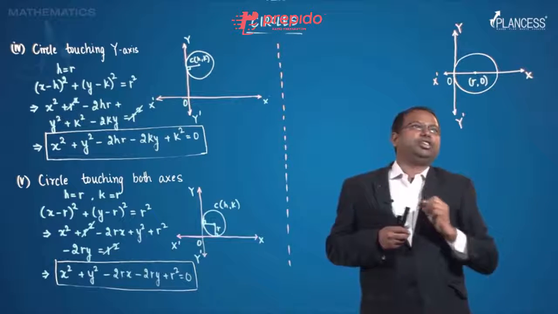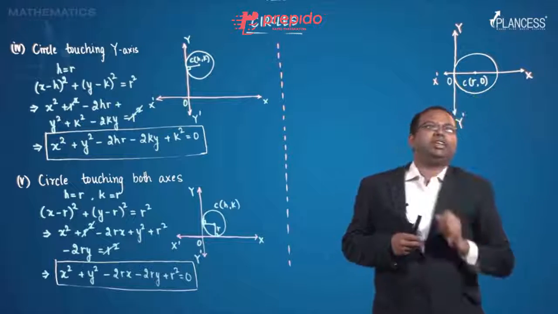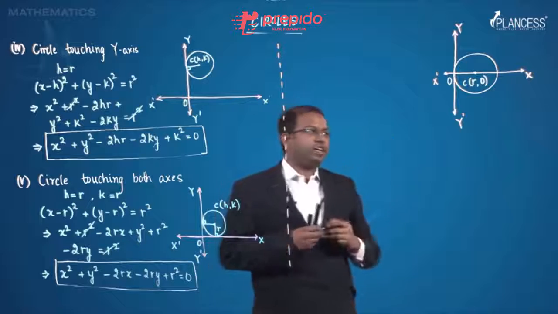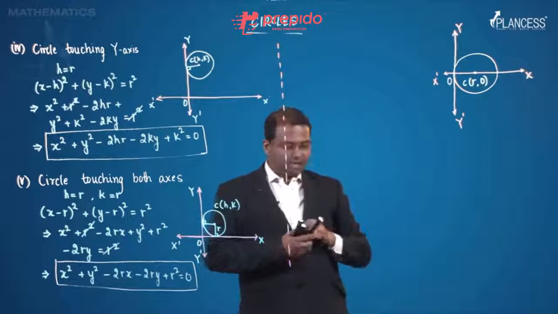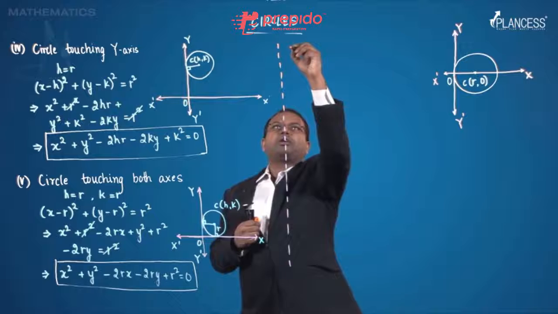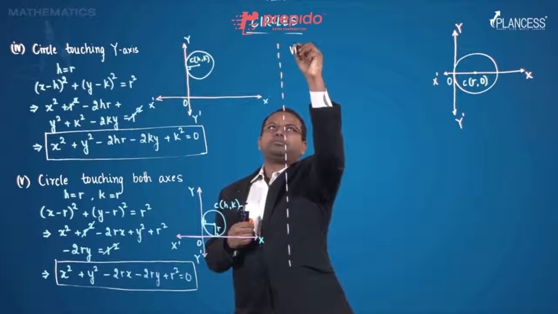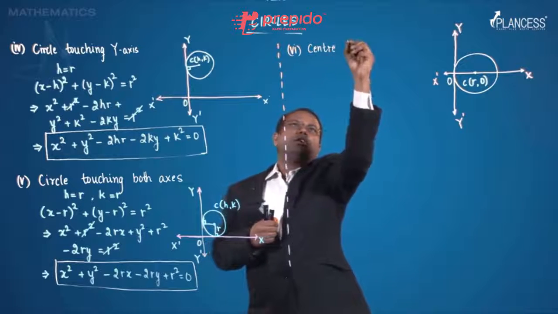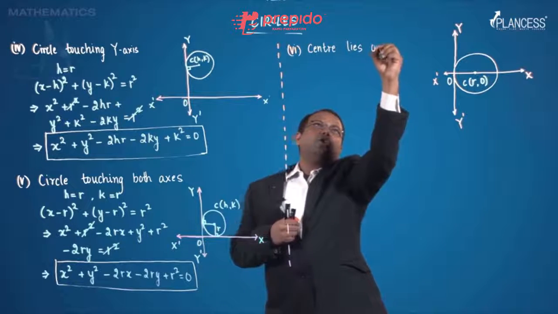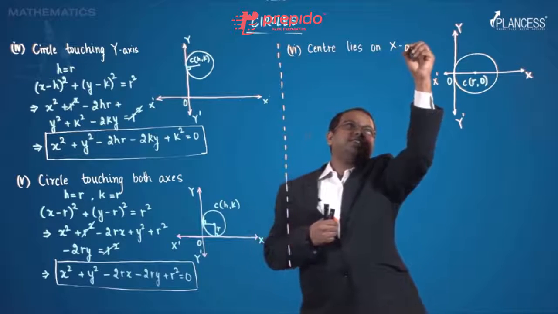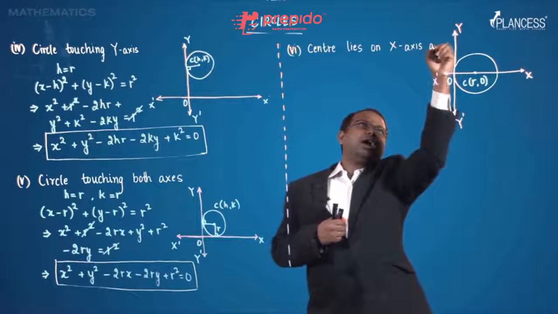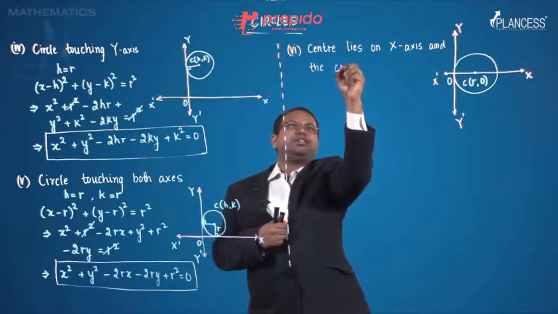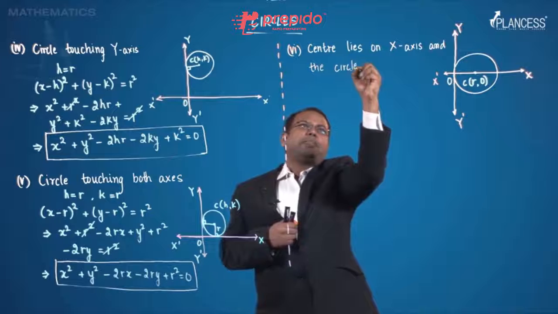So here is the origin, this is the center, which let's denote by letter C. So this is the special case when the center lies on the x-axis and the circle is touching the y-axis.